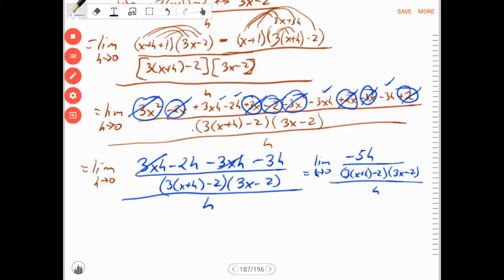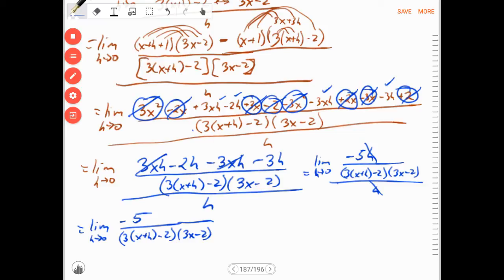Now, remember we talked about this a long time ago when we divide complex fractions like this. Line 1 and line 3 are allowed to cancel. So there goes the h over the h part. So look, this is going to be negative 5 all over 3x plus h minus 2 times 3x minus 2.